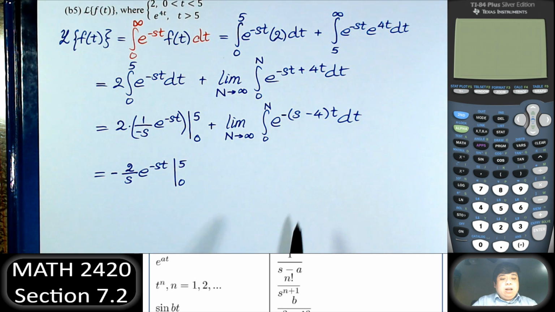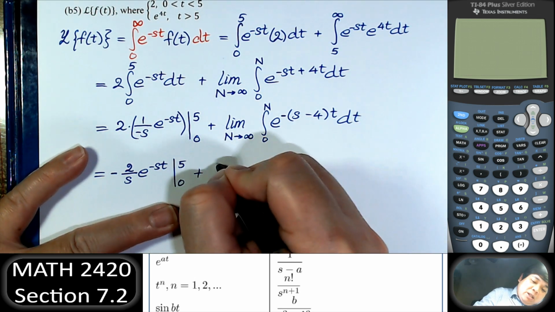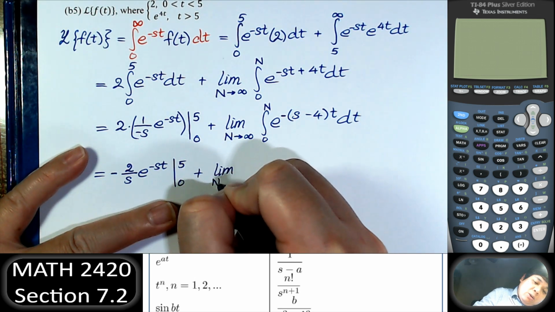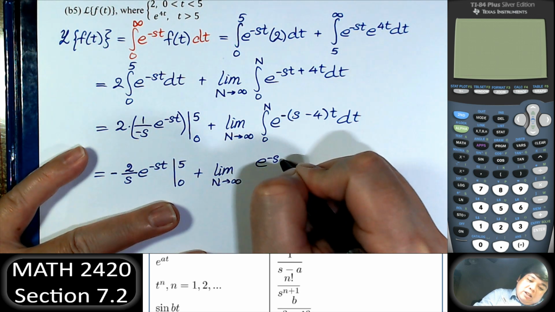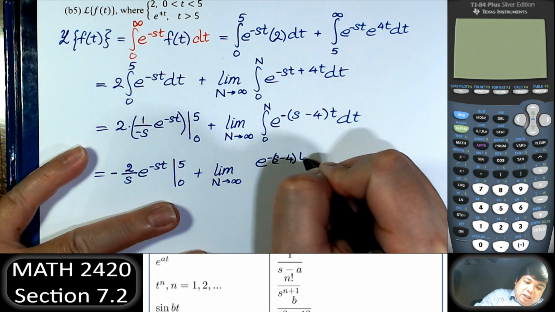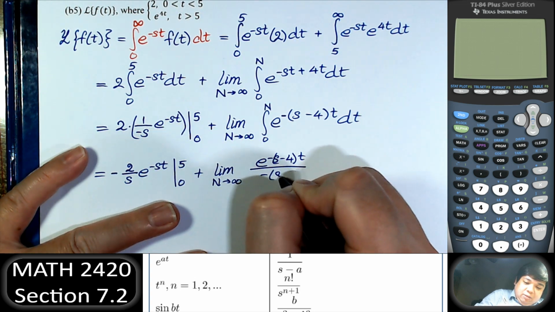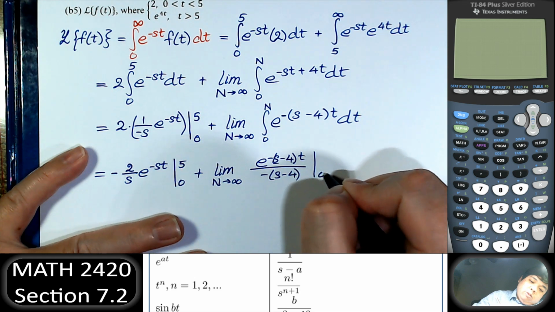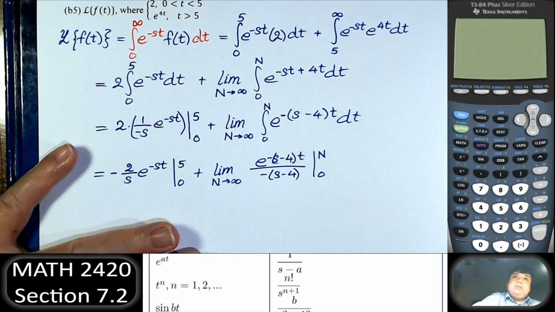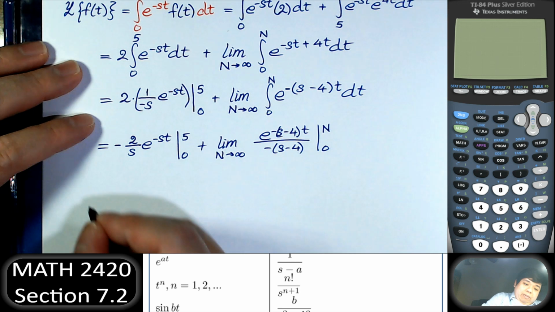Right, now this limit n goes to infinity, e to negative s minus 4t over negative s minus 4, all from 0 to n. Right.